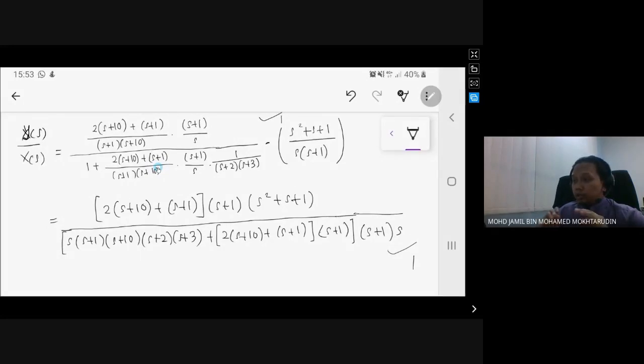So what I want you to do is to go back to learning about simplifying the block diagram. Learn about reducing the block diagram, because you can easily lose marks if you are unable to do the reduction correctly.